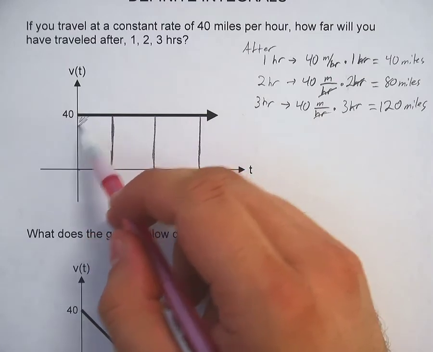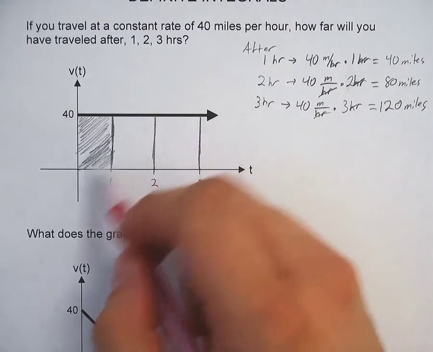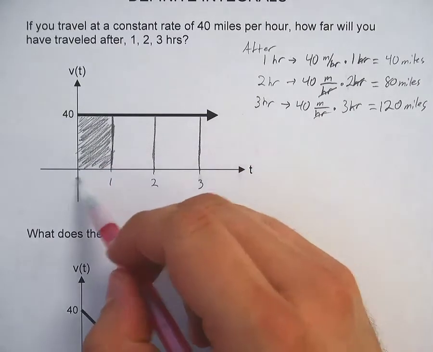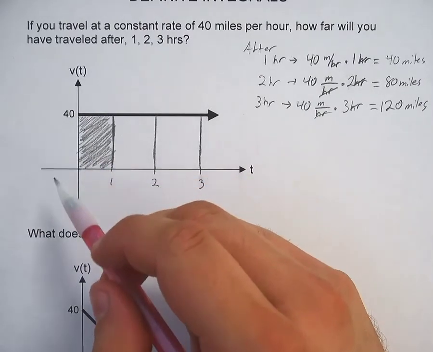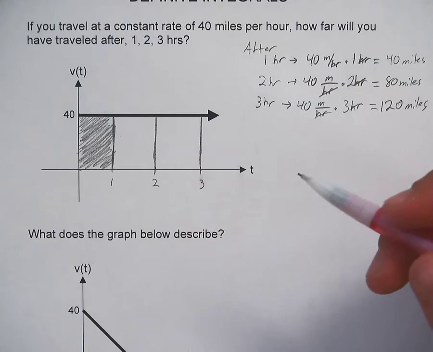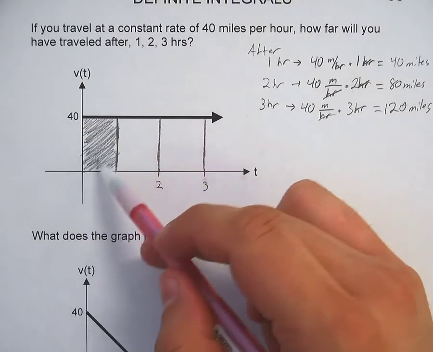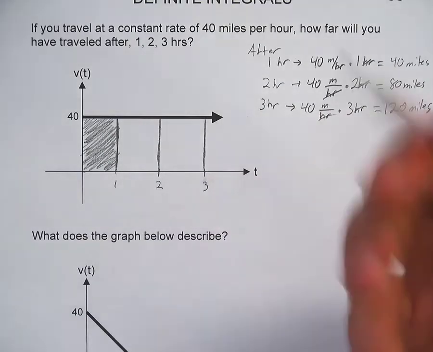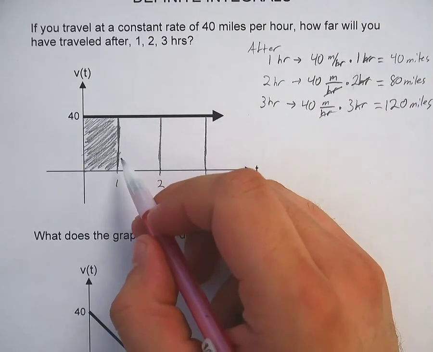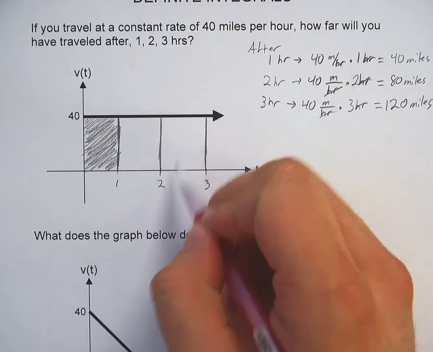That's kind of like saying the area under the curve between 0 and 1, so 1 by 40, gives you your distance. 1 hour at 40 miles an hour gives you a total area here of 40 miles. Do it again, 40 times 2 gives you 80, and 40 times 3 gives you 120.